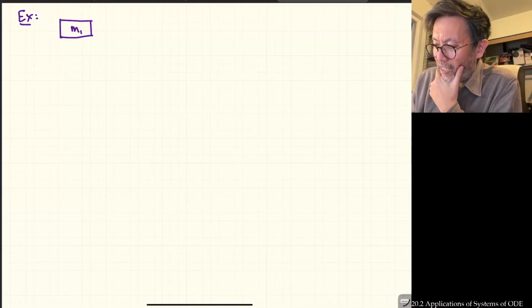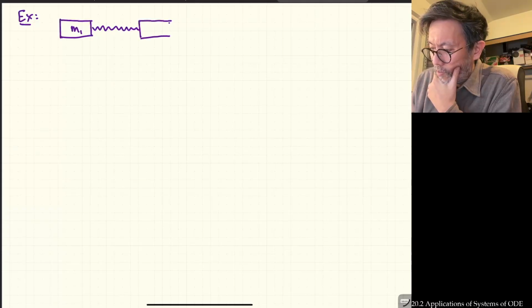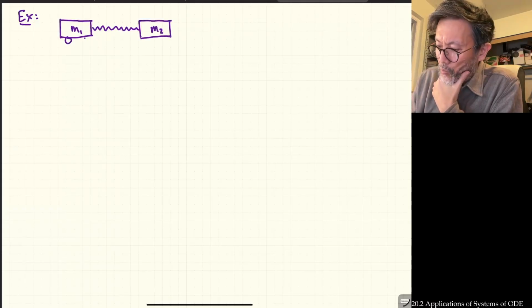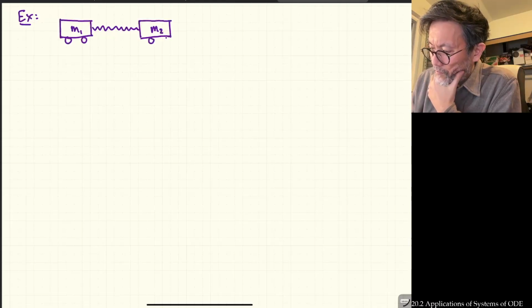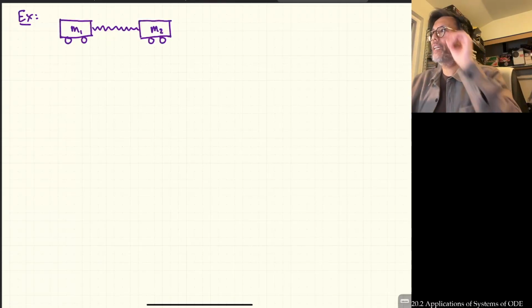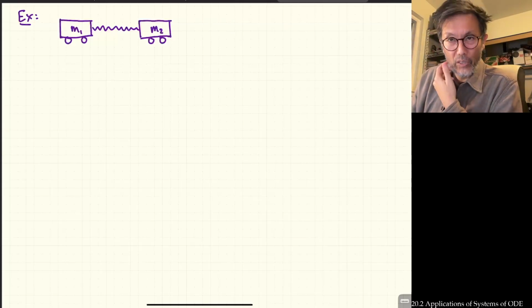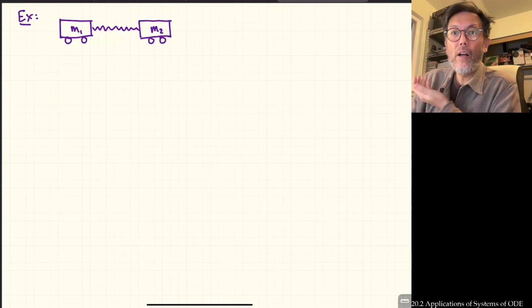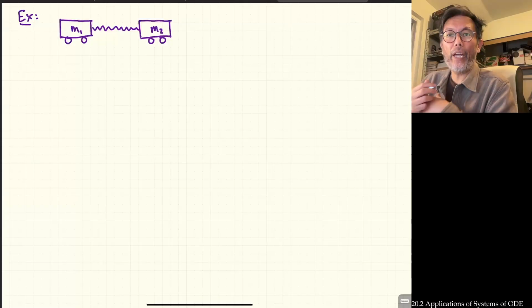This will have mass m1, and it's attached to a second cart, m2. And these things are on wheels. And these wheels are on some kind of frictionless surface, okay? And this spring in between these is going to obey Hooke's law.